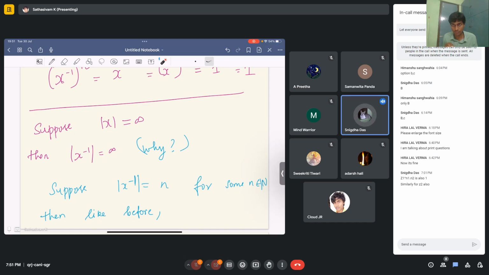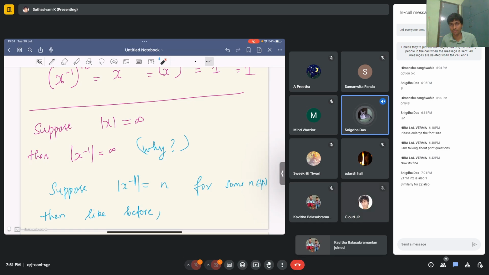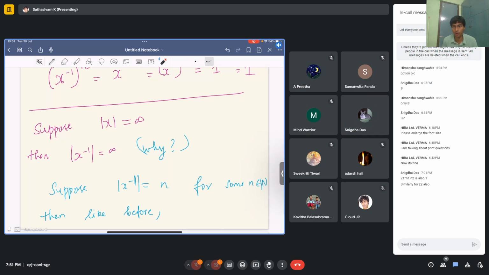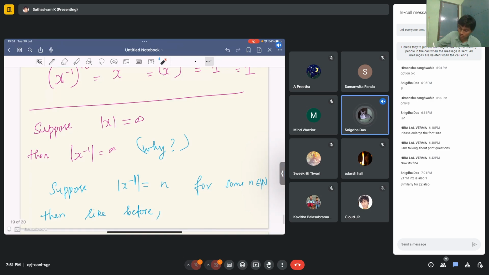The set of real numbers under addition. Which element has infinite order? Here 0 is the identity element, but the order of 0 is actually 1, right? So 0 power 1 is equal to 0.